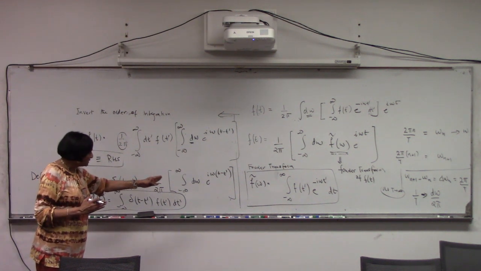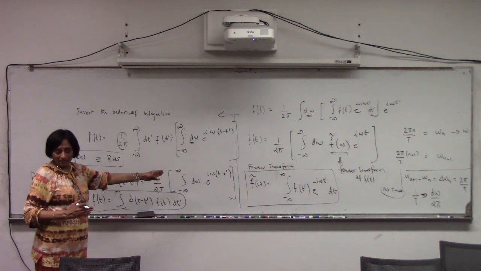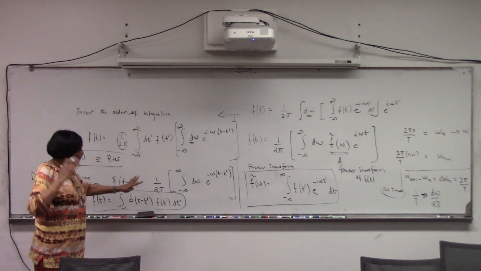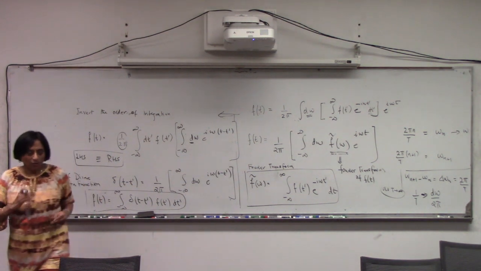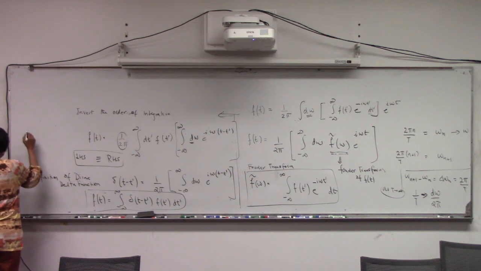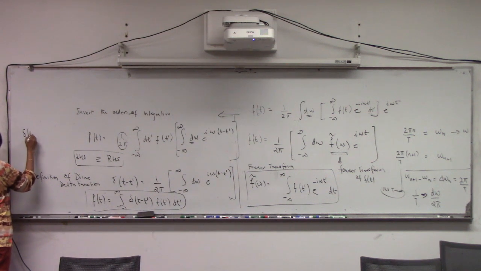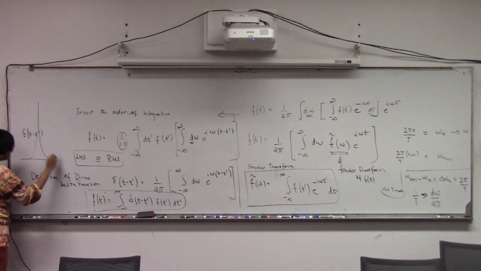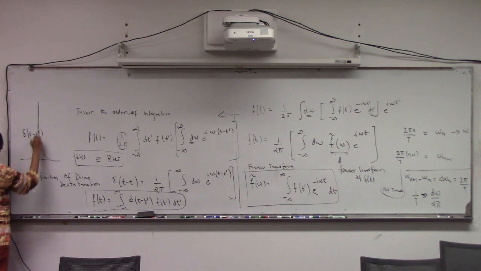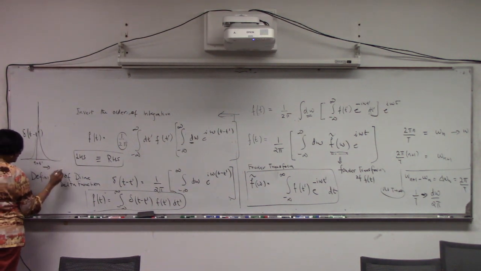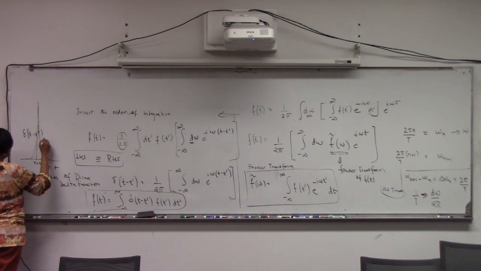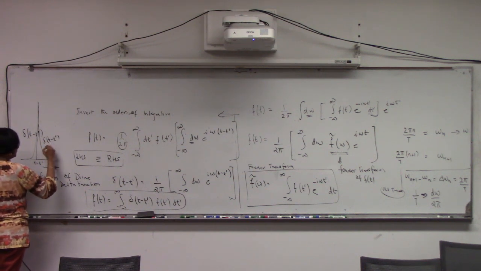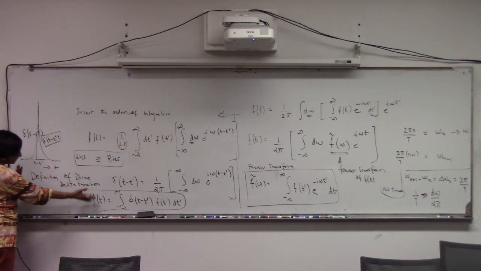Now, what have we written? The right-hand side is what? We are saying Dirac delta function. If you plot that for t equal to t prime, it is going to peak, and everywhere else it is going to be 0. That is the functional form of that.